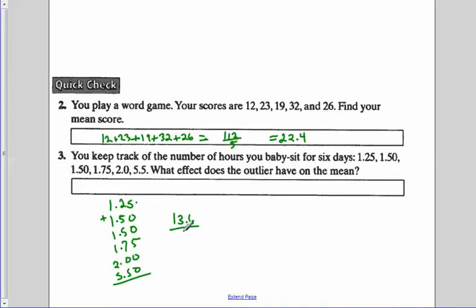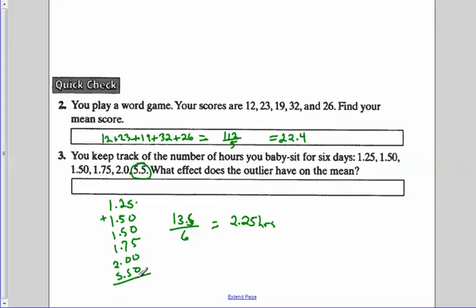So 13.5 divided by 6, I'm going to get 2.25 hours. But if I took the outlier out, and our outlier is that 5.5, because everything else is within that 1 to 2 range and then we get this 5.5 that's much greater.